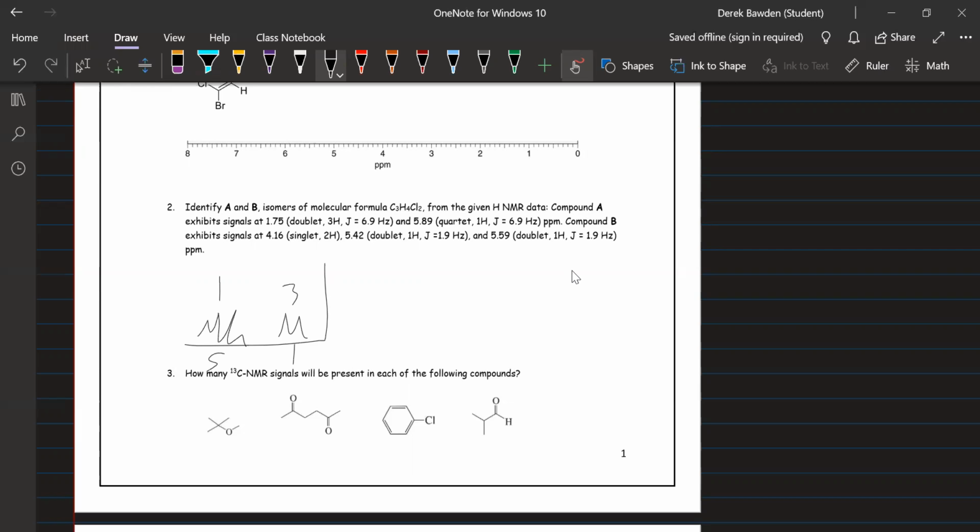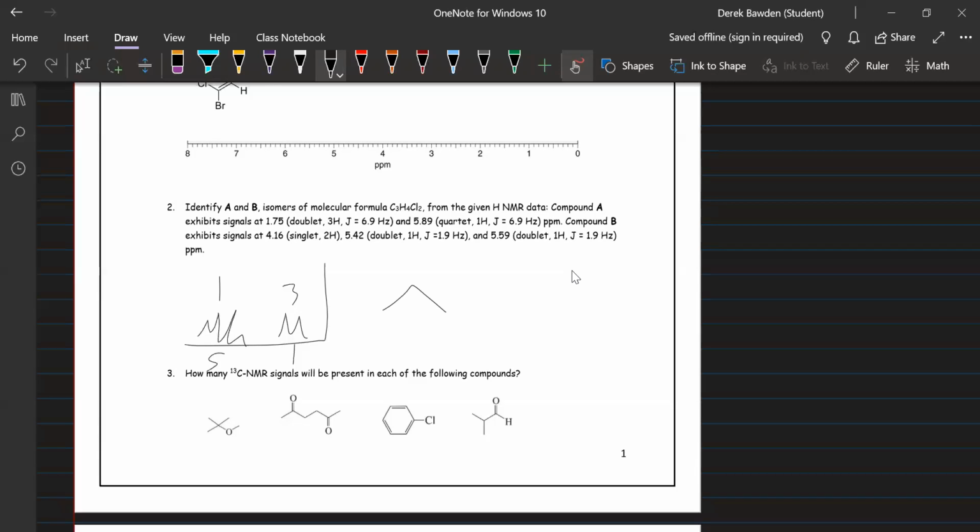Let's try to figure out what the molecular formula would be here, or what the compound would look like. What I like to do is start with my carbon chain. Then we have 2 chlorines to add, and we have 1 hydrogen with 3 neighbors and 3 hydrogens with 1 neighbor.